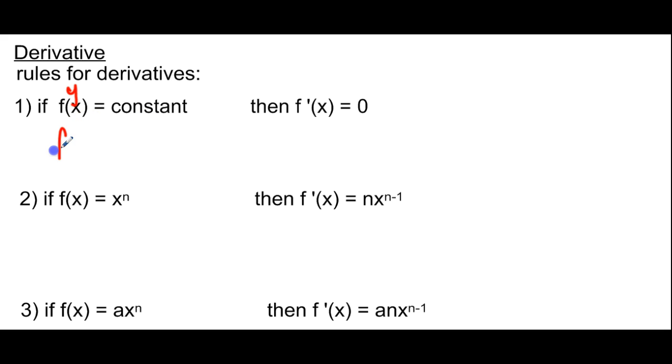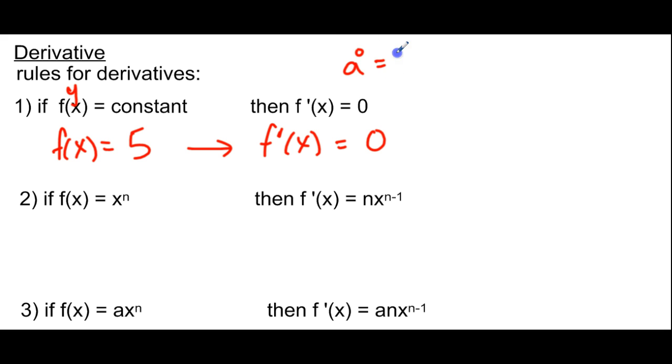So for instance, if f of x equaled 5, then your derivative, and this little notation is your derivative, equals 0. Doesn't matter what number it is, it's going to equal 0. It's almost like when you have a to the 0 power, that's always going to be 1. So it's the same kind of concept. Like any number, you find a derivative of it, it's going to be 0.